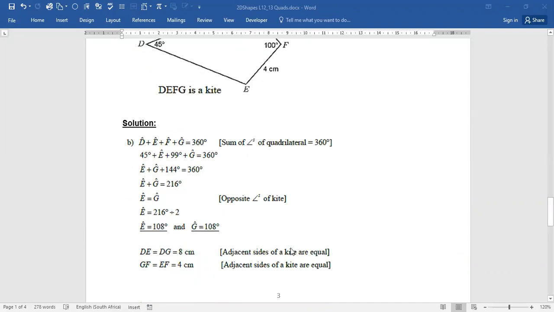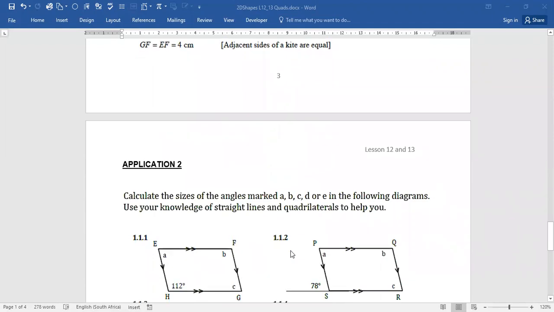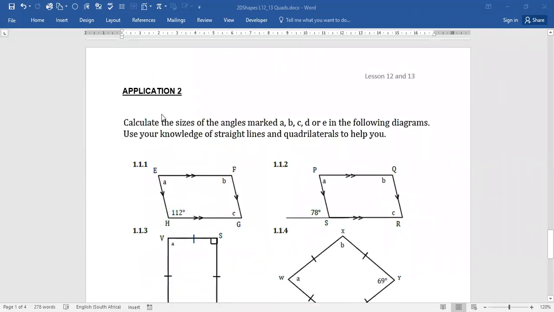Your application: here we need to find the sizes of the angles marked A, B, C, D, or E in all these diagrams. So you identify the type of quadrilateral here, and that should help you solve for these angles.